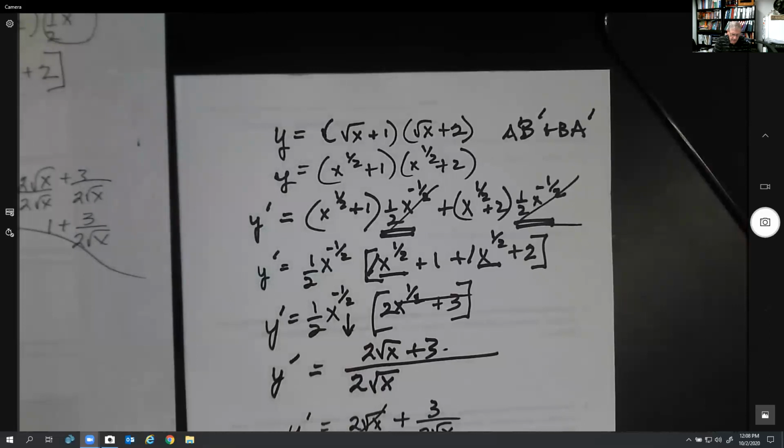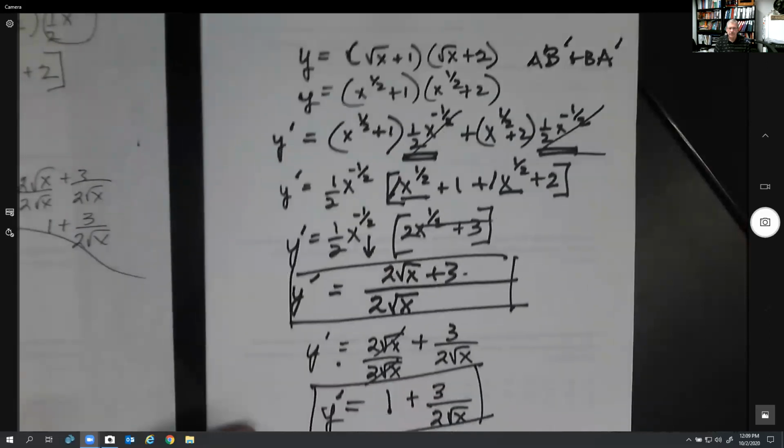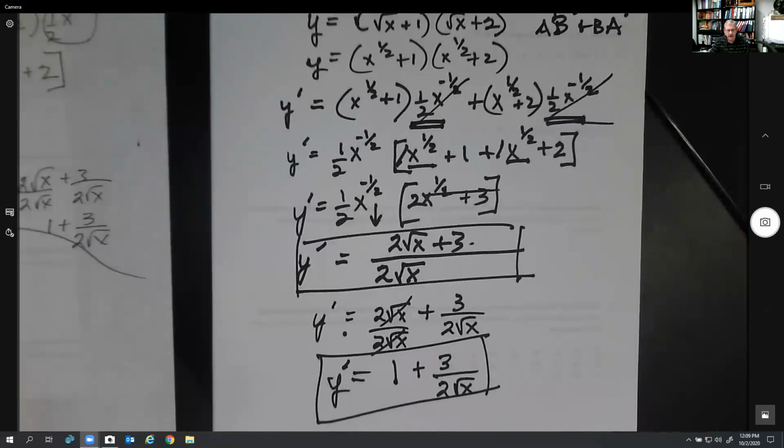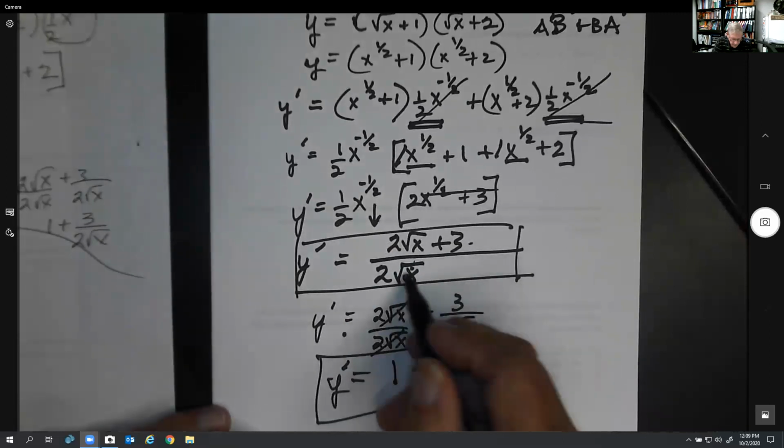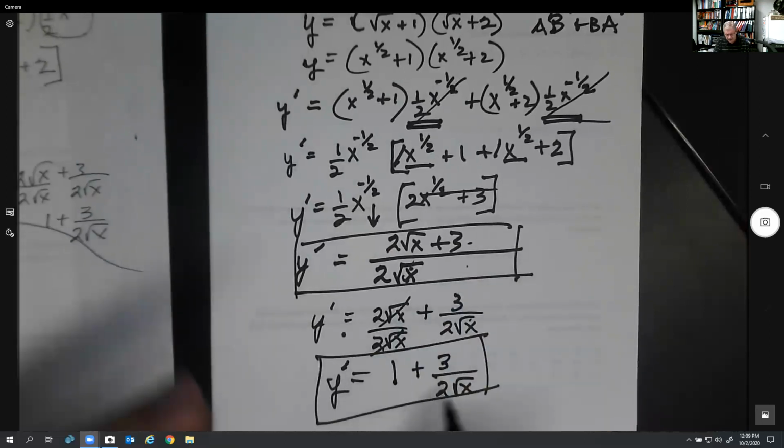So this would also be a solution to this problem. I guess you could leave this also, but oops, I'm sorry, I wasn't showing it, but I put each part over that. So you could leave it in this form, or you could put it in maybe a simpler form.